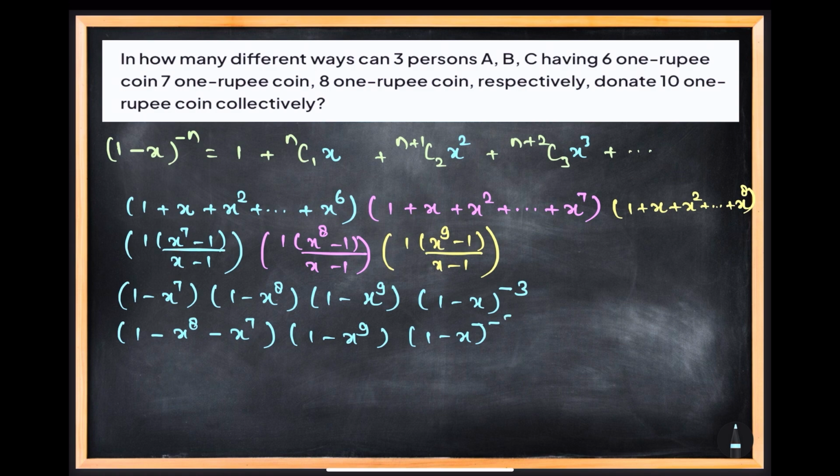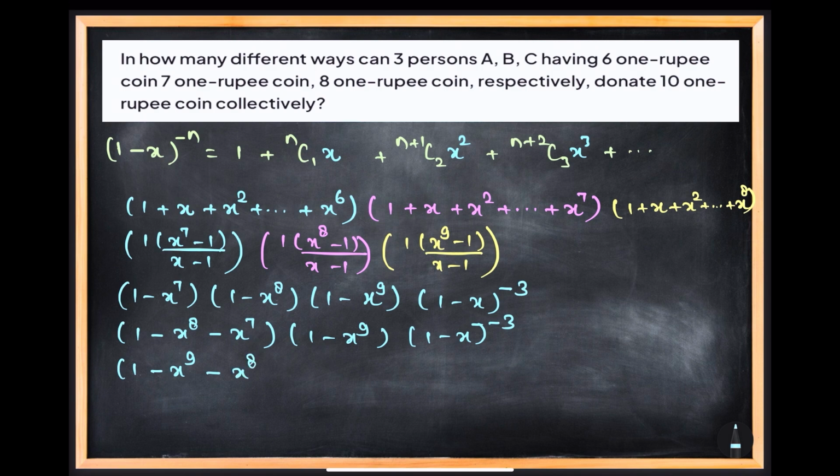Now again I'll be multiplying, and I'll make sure I remove the term if the power is greater than 10. So 1 with 1, 1 with minus x power 9, minus x power 8 with 1.